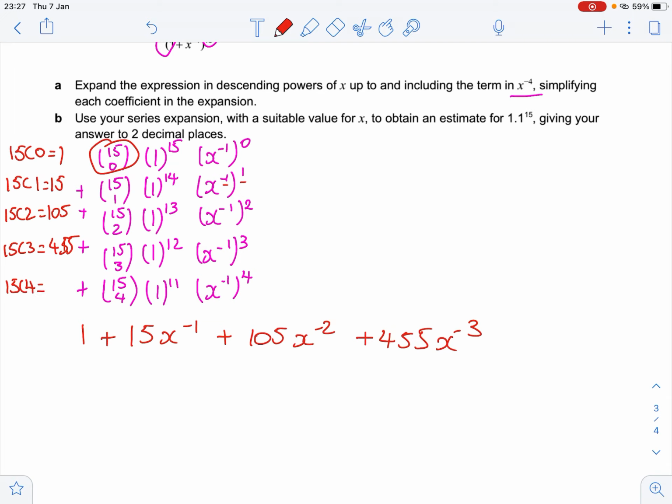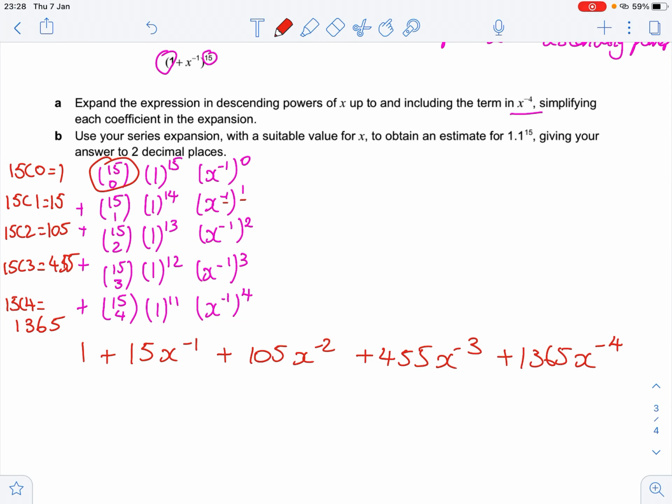And the last one, 15C4, is equals to 1365. So times by 1 times by x, so we have plus 1365x to the power of minus 4.